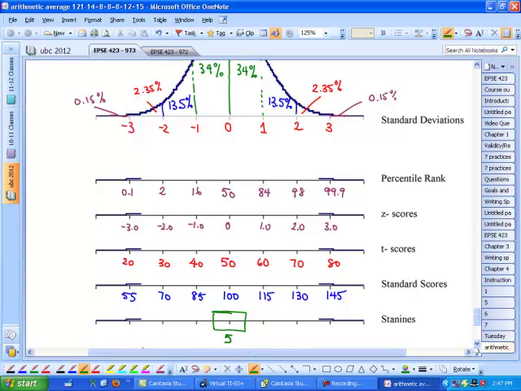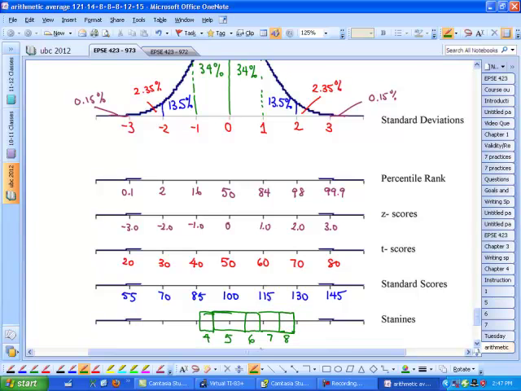If you want a 4, then you're almost to 1 standard deviation to the left. This region here would be approximately a 4, and this region here would be approximately a 6. That's why they say if you get a score of 4, 5, or 6, you're in the average, the middle part. As you branch out further, this is 7, and the next part here is 8.